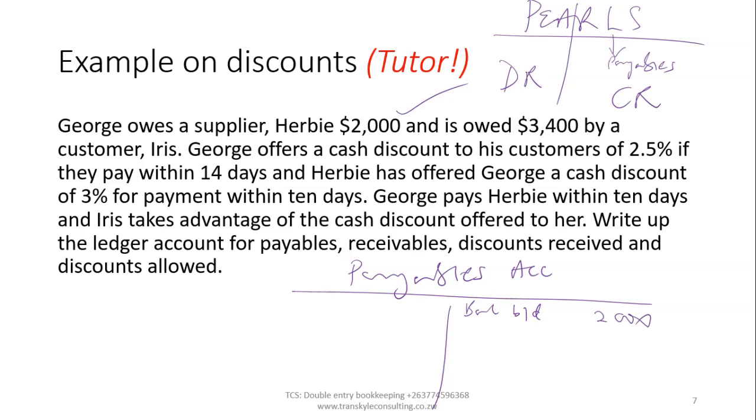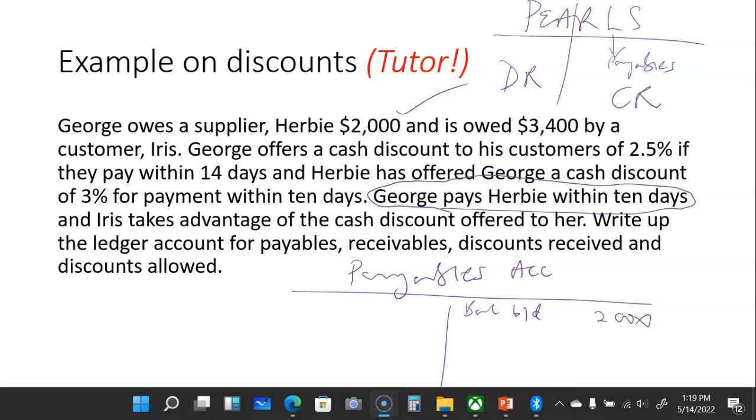But we are also told that George paid Herbie within 10 days. But how much did he pay? We are told that George wanted to enjoy the cash discount that comes with prompt payment.